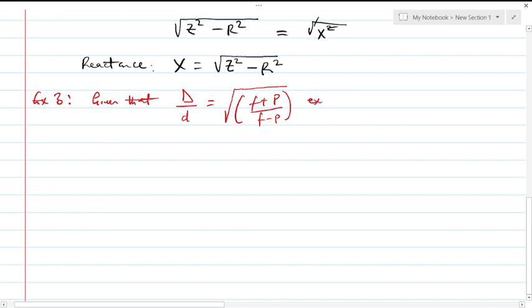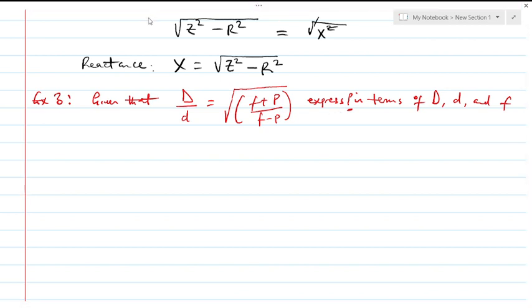Express p in terms of d, small letter d, and f. In other words, make p the subject of the formula. Okay, so the solution now.